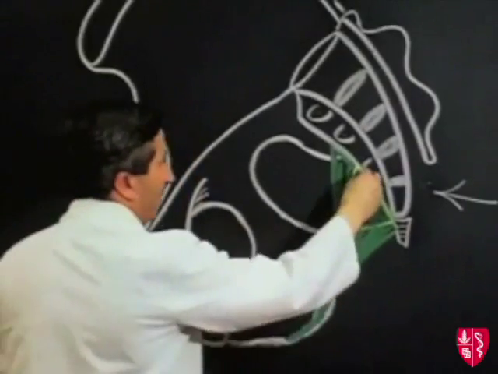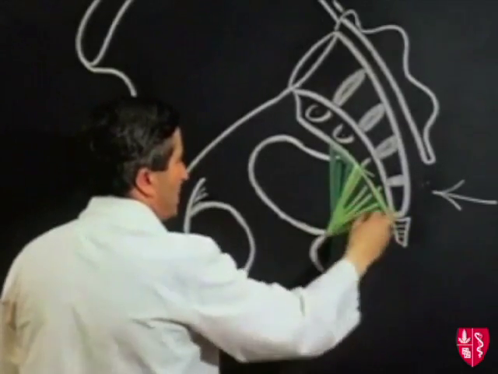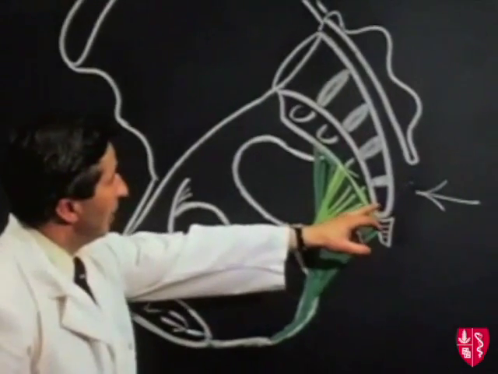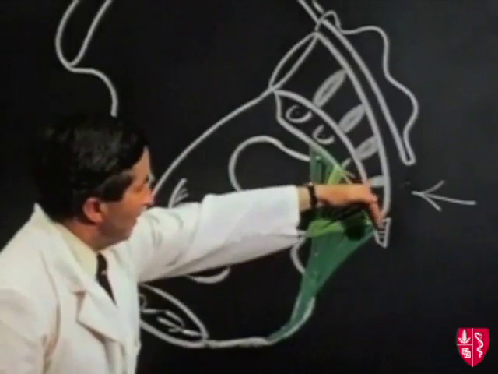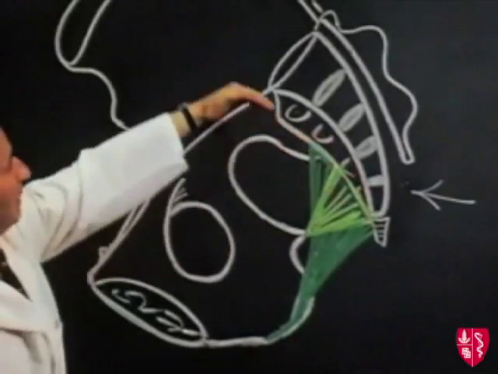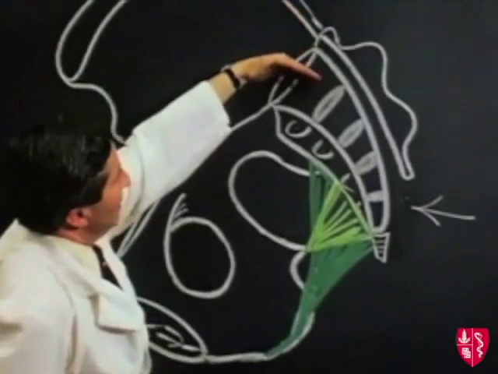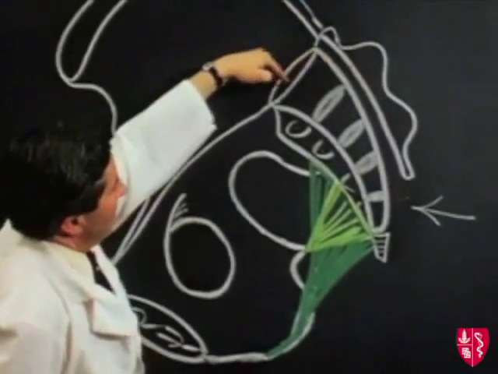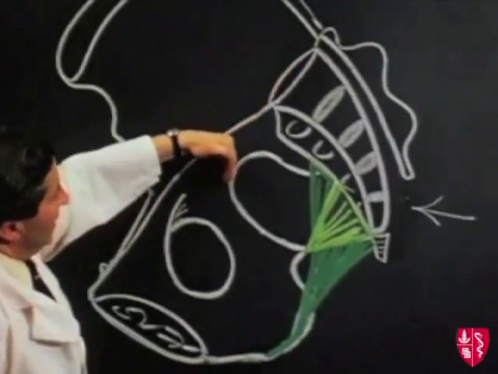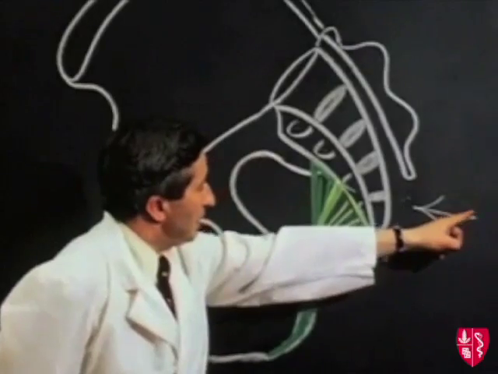You can see from the direction of the fibers that both these ligaments play an important part in keeping the lower end of the sacrum and coccyx in its correct position. Because you've got to bear in mind that the weight of the body is directed downwards onto the sacrum, and there's a tendency for the first sacral vertebra to sink into the pelvis and the lower end of the sacrum to protrude posteriorly.